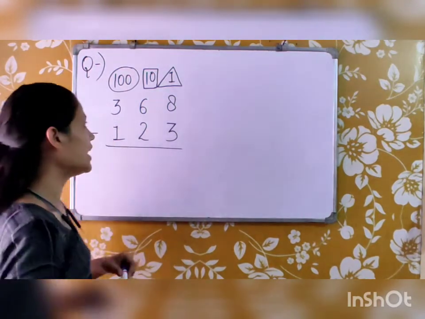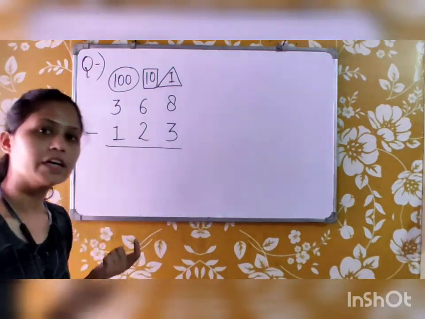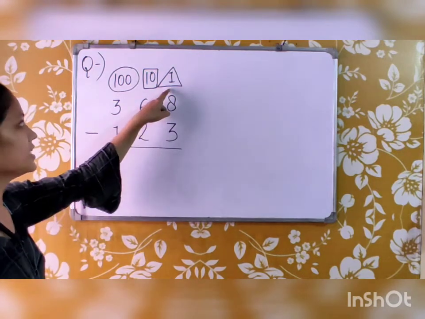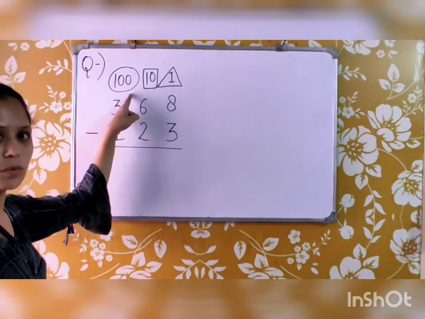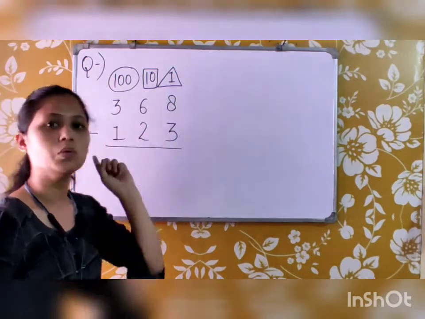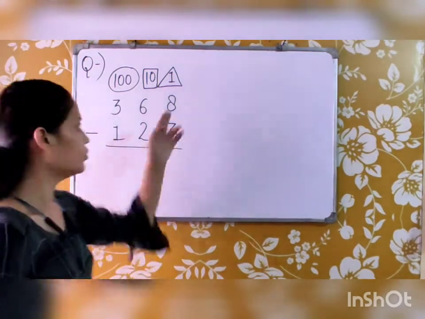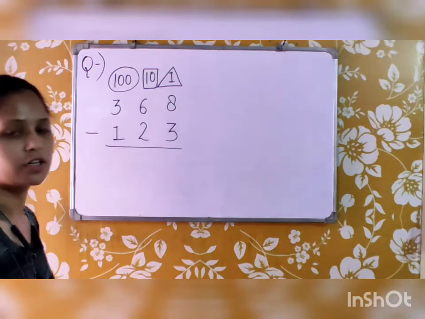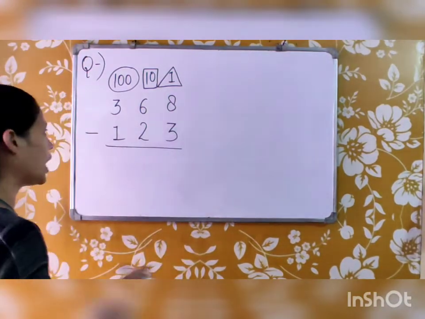See, what we have done earlier in the chapter Give and Take, we used the ones, tens and hundreds form to add. But here we will use them to subtract. So how will we use them?